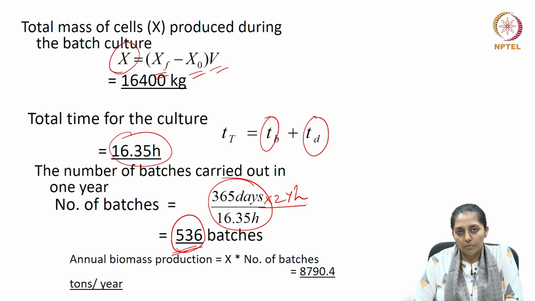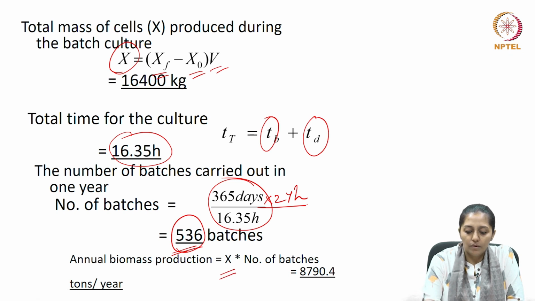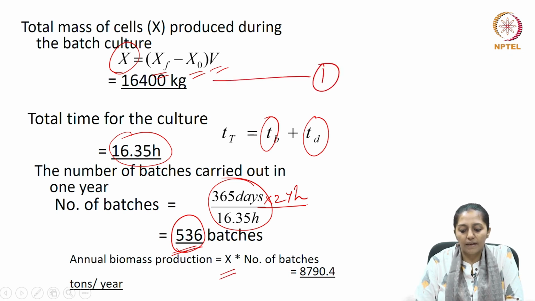So, the annual biomass production can now be calculated. After one batch, we knew from equation 1 on this slide how much could be produced.